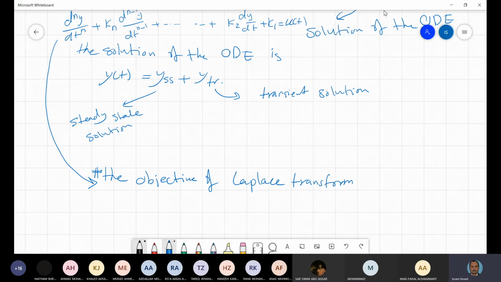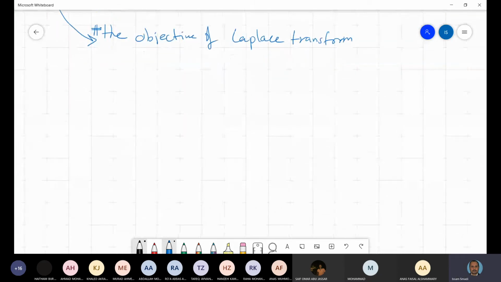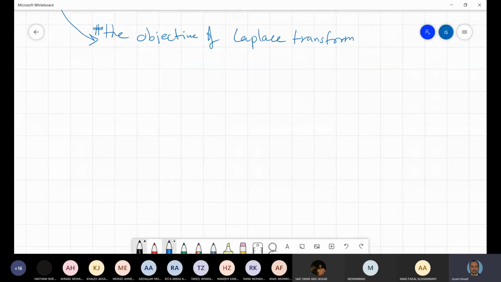Because I can convert the differential equation into algebraical equation by using Laplace transform. And for short, let's assume that the Laplace transform for certain function, let's say f of t, is equal F of s.